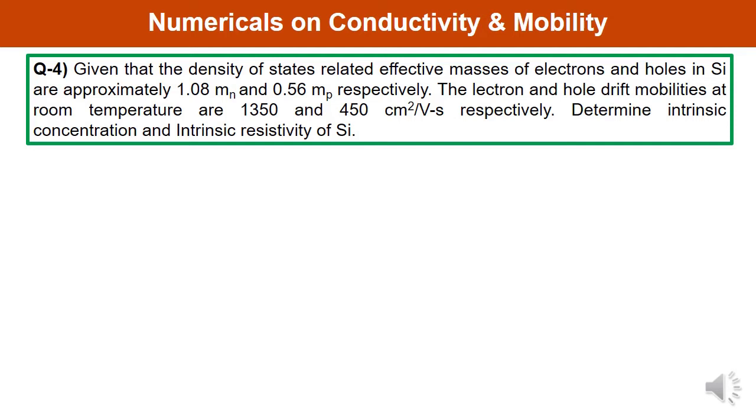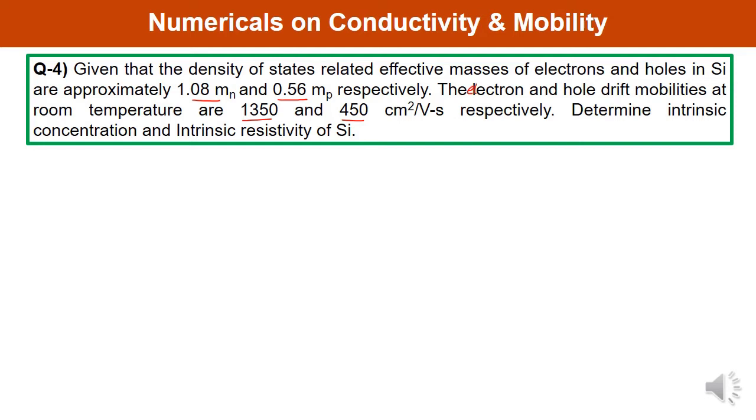Next question is, given that the density of states effective masses of electrons and holes in silicon are approximately 1.08 and 0.56. The electron and hole drift mobilities at room temperature are 1350 and 450 respectively.